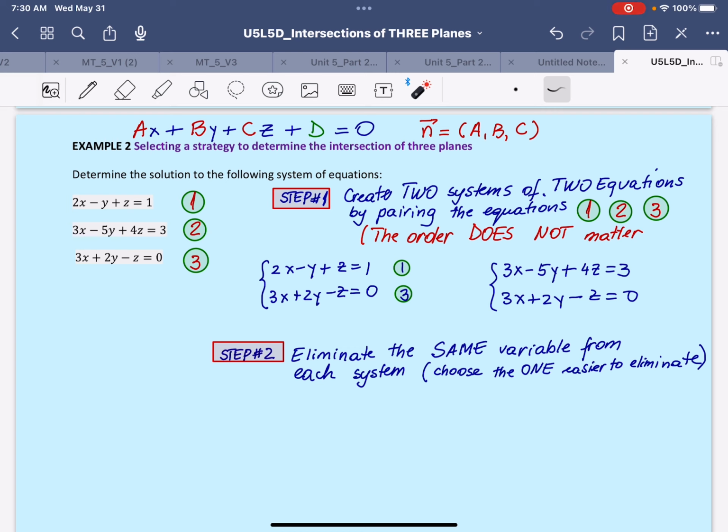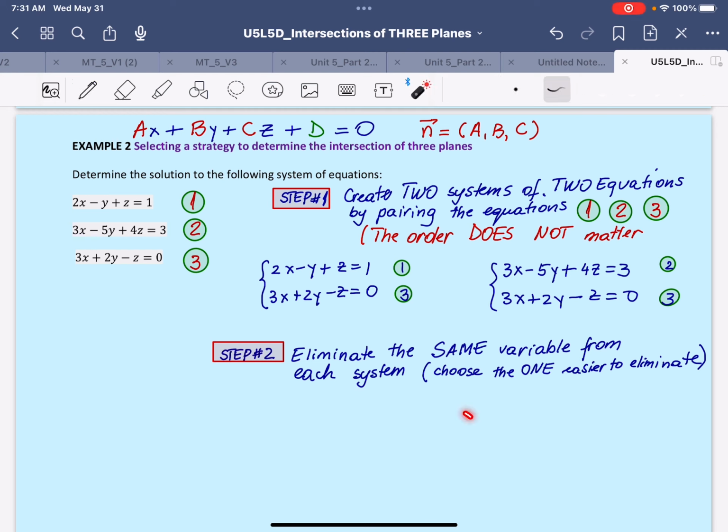And we could have also combined 1 and 2, but we would have to do the same amount of work. I chose 2 and 3 because the signs are already opposite, but it shouldn't really matter. So let's number these equations so we know which ones we've paired together. So these are the equations 2 and 3.